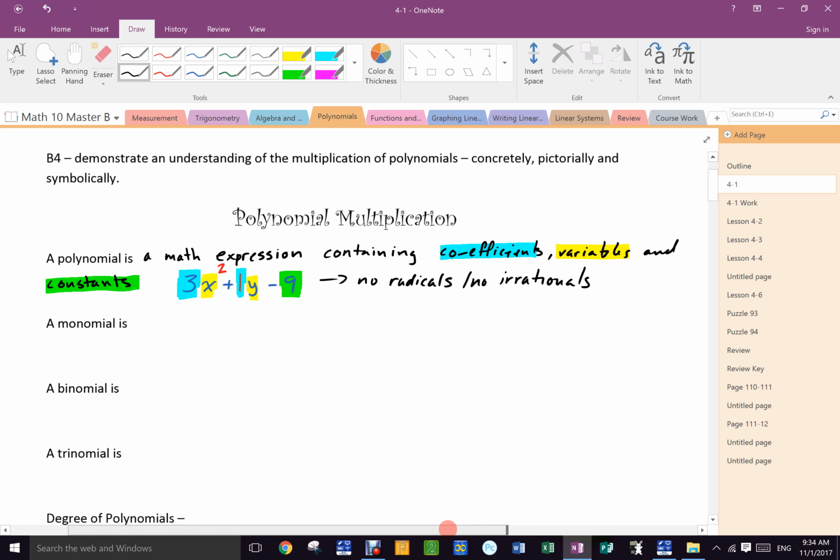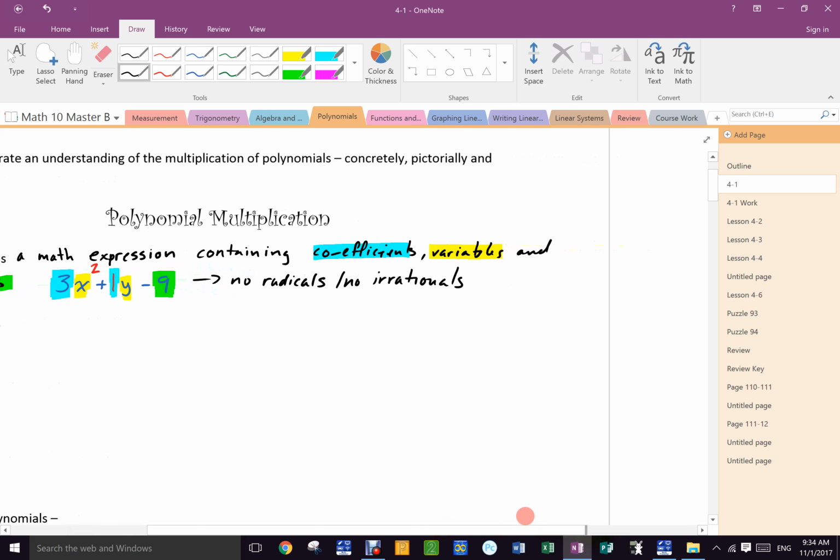Now, I'm going to do one thing here, and all you have to do is say yes or no. Is this a polynomial? 2x squared. Yes or no? You don't even need to write it down. Just think. Is it a polynomial? Yes or no? Yes. Excellent. Good. Well done. Okay. What about this?